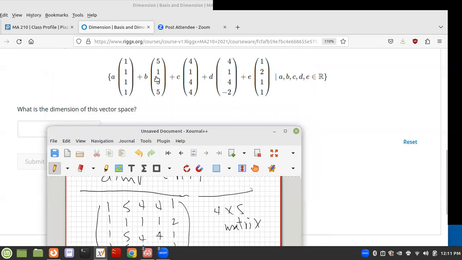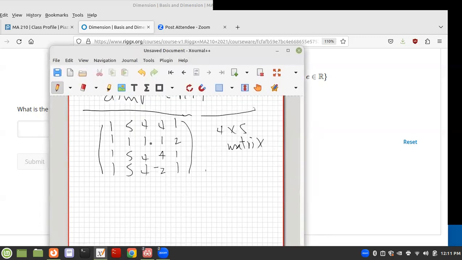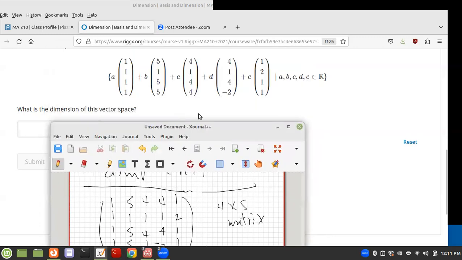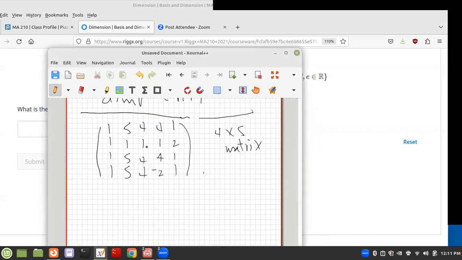Okay, so the logic is you form the matrix here, and note that this then is the column space of this matrix. The column rank of this matrix equals the row rank. The row rank equals the number of non-zero rows in echelon form.